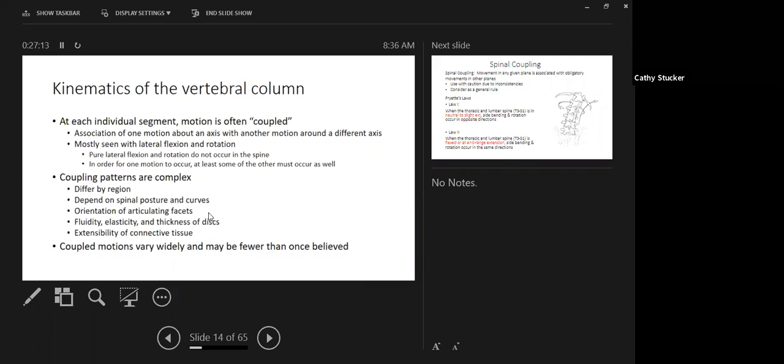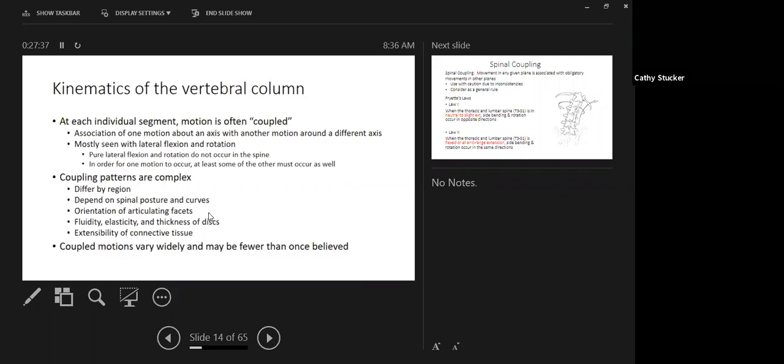Side flexion is actually a combination of rotation, side flexion, flexion, and extension. It's a combined movement. There's no such thing as just taking two vertebrae and side flexing them. There's a component of rotation when you do that.